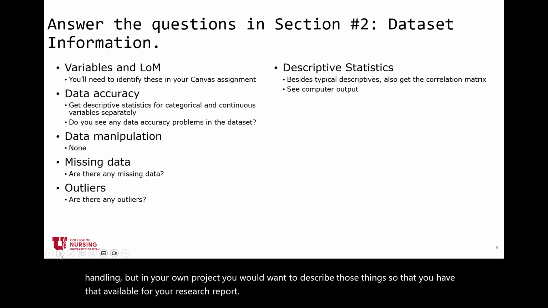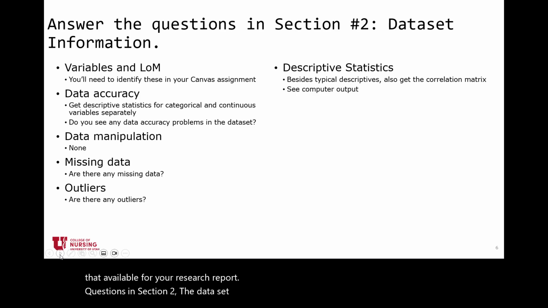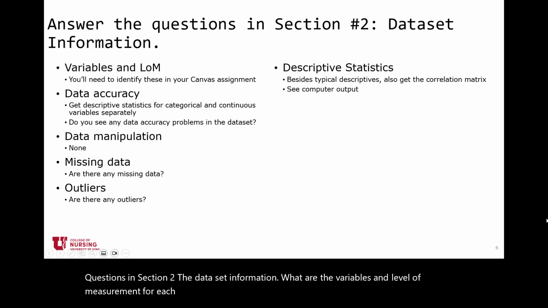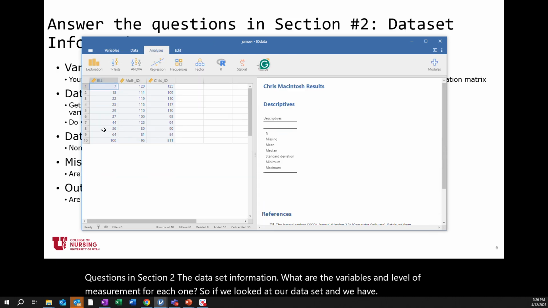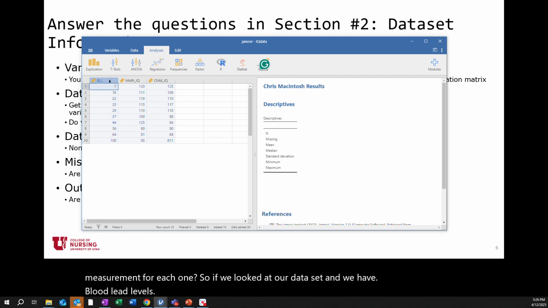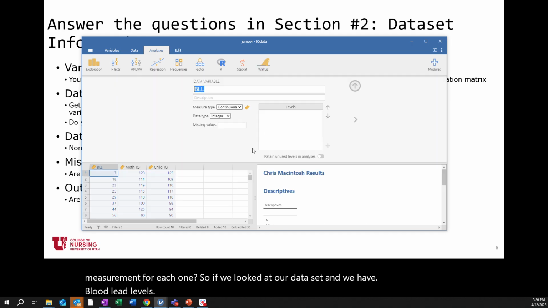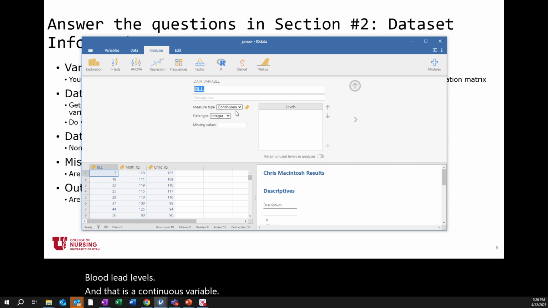Questions in section 2, the data set information. What are the variables and level of measurement for each one? If we look at our data set, we have blood lead levels, and that is a continuous variable, more specifically a ratio level of measurement.